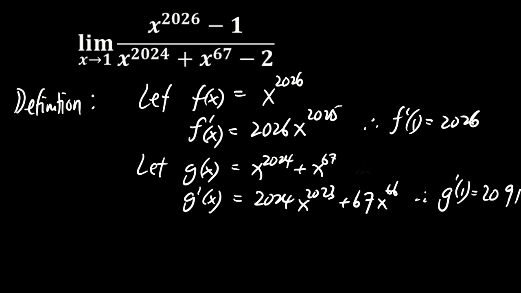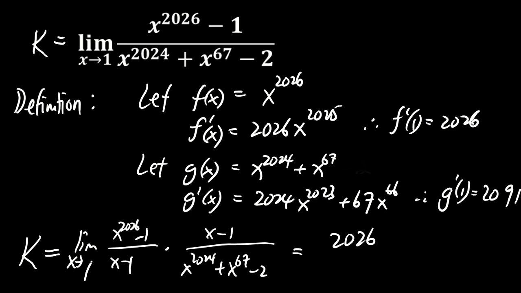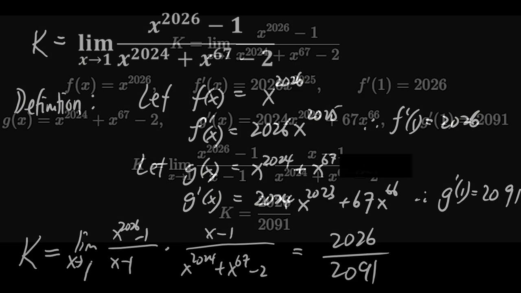So the above limit, that's called K, equals the limit as x goes to 1 of (x to the power 2026 minus 1) over (x minus 1) divided by (x to the power 2024 plus x to the power 67 minus 2) over (x minus 1), in this way. So the answer will be 2026 over 2091.